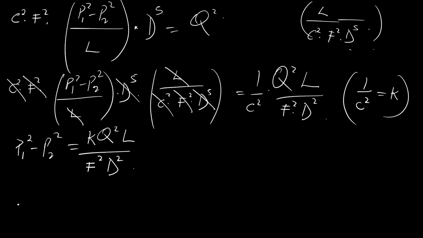Now, let's make a free sketch of the pipeline system that we are analyzing. Now, here is D and L, here is D1, here is D2, and this is L2, L1.